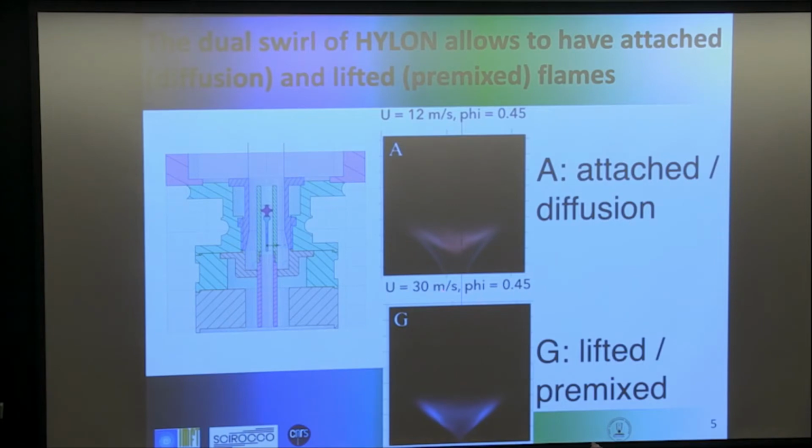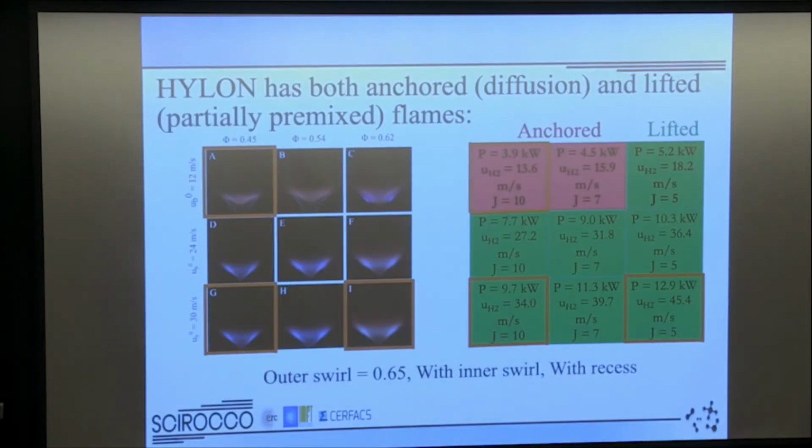When you measure the NOx here, for example, or the temperature of the lips, it's not good. You don't want that, you want that, because here you mix and then you burn. So the whole problem is how do you do that? If you look at a map of operations, you have images of these flames as a function of the conditions of operation, the power and the flow rates. When it's green, it's a good flame.